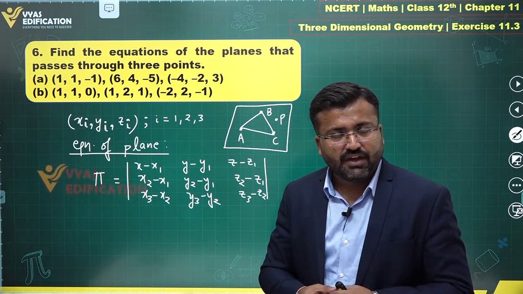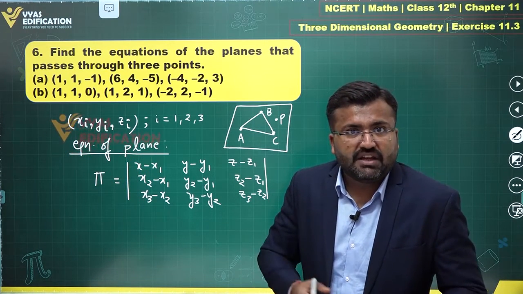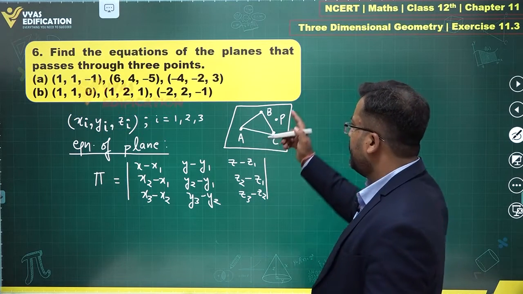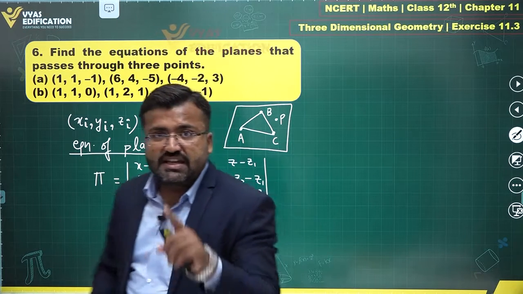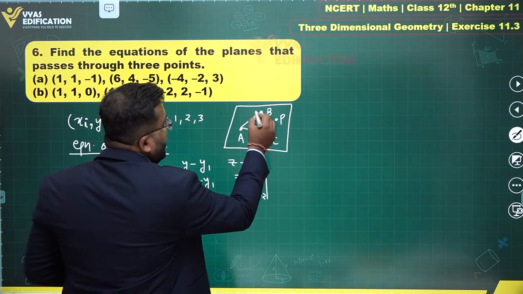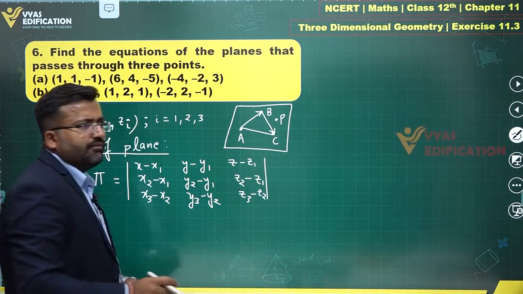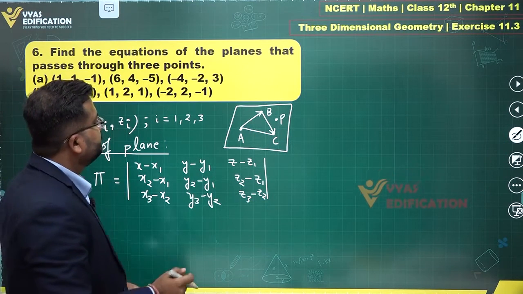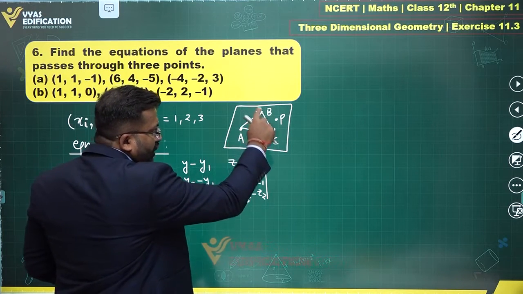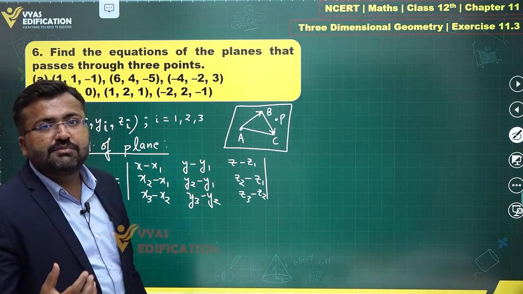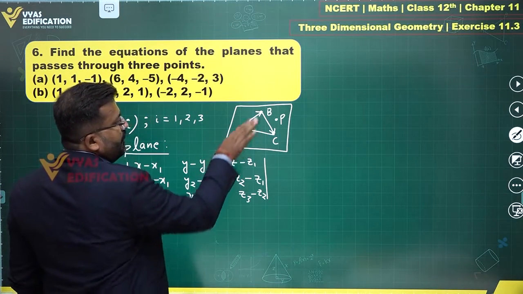That's one idea, right? A simpler idea is to find the equation of plane using your direct means. What is that direct mean that I'm talking about? Let me illustrate that direct approach first. The direct approach says that if you know any 2 vectors, AB vector and maybe BC vector, then you can find AB cross BC, and that AB cross BC will be along the normal of the plane, right?